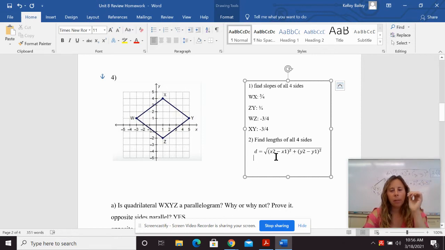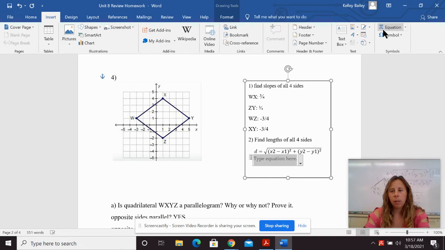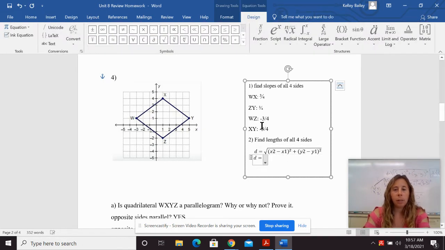So you can substitute in the points, or stay with me. We just found the change in x and the change in y. We just found all that. So, insert equation. D equals the square root.